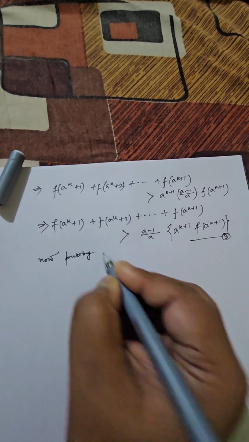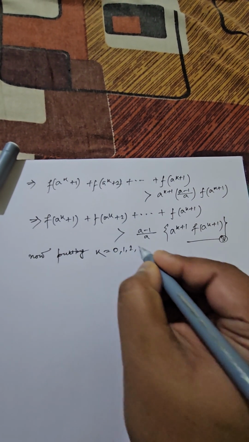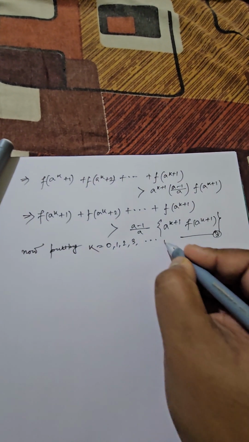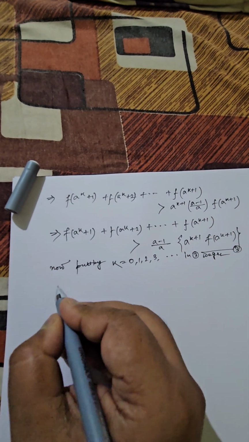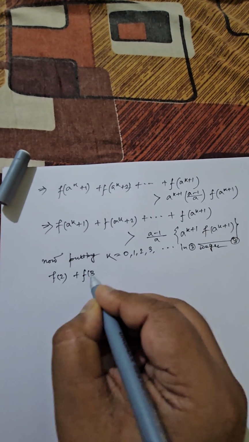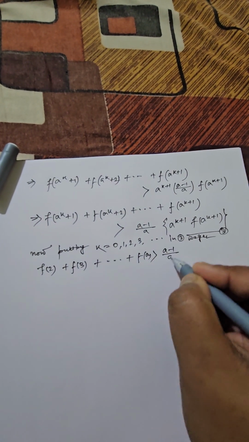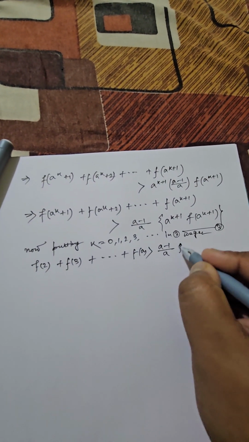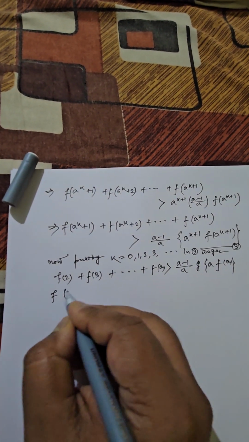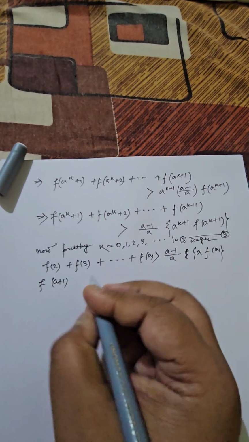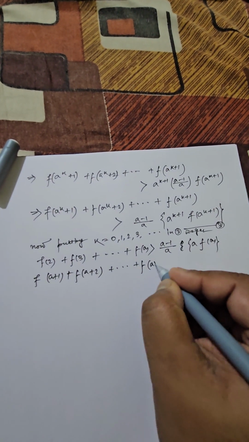Now putting k equal to 0, 1, 2, 3 and so on in 3, we get, put k equals 0, then you will get f of 2 plus f of 3 plus dot dot dot f of a, which will be greater than f of a into f of a. Then the next term will be f of a plus 1 after putting k equals 1, then f of a plus 2 plus dot dot dot f of a square.